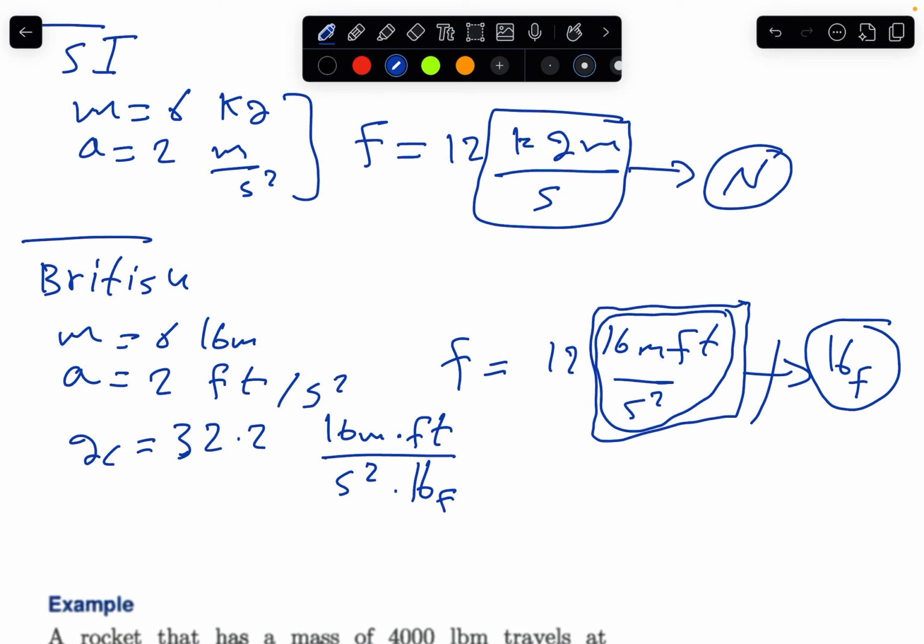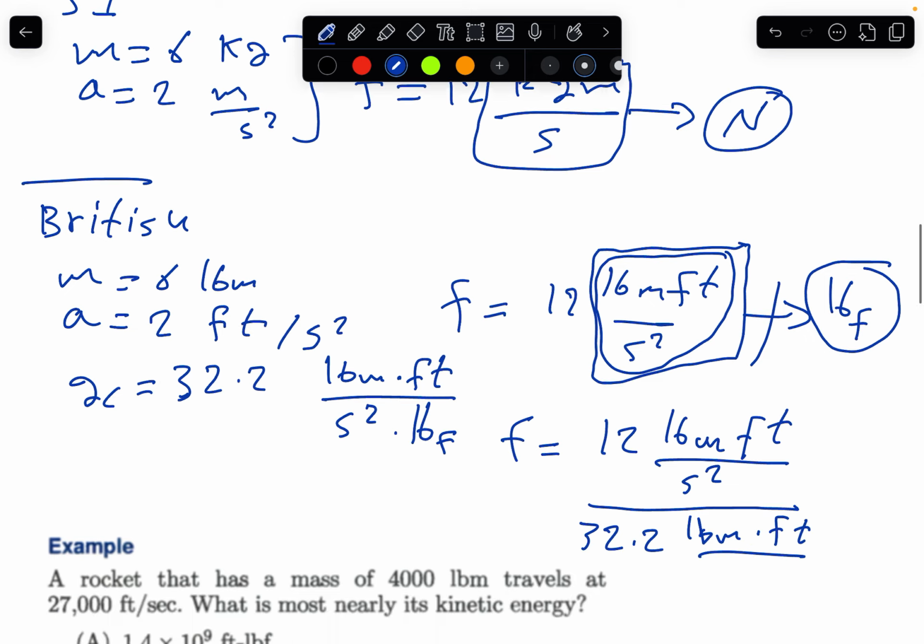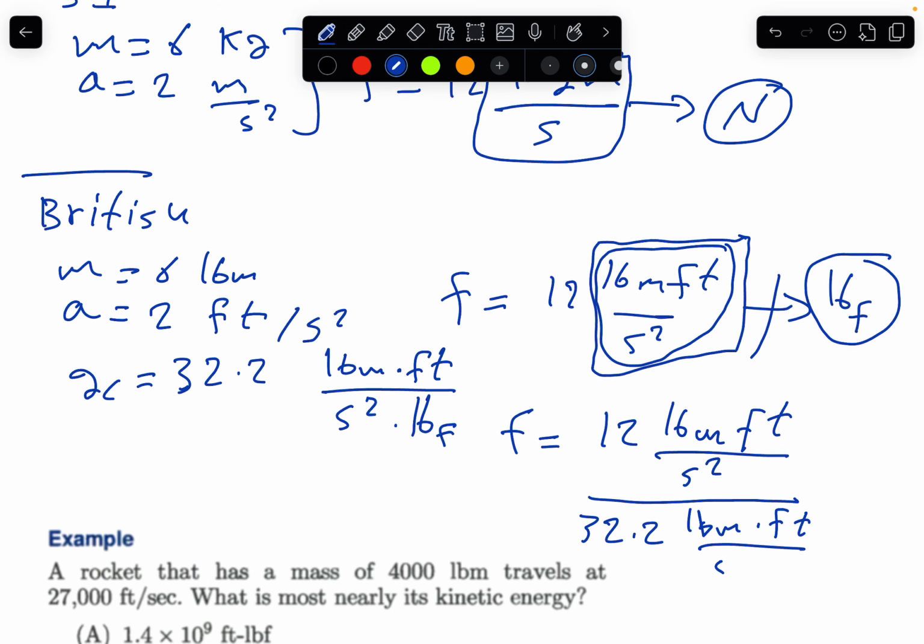Okay, so we will take that value, 12 pound-mass foot per second squared, and divide by this value, 32.2 pound-mass foot per second squared pound force.